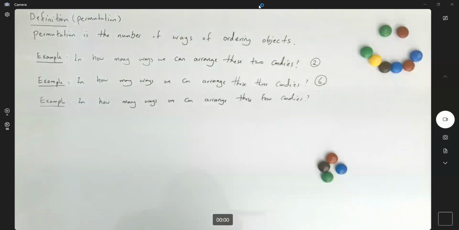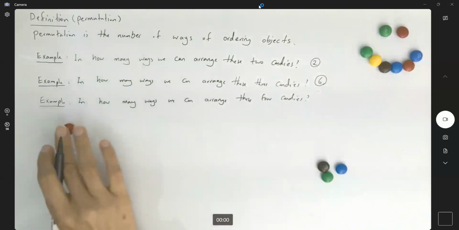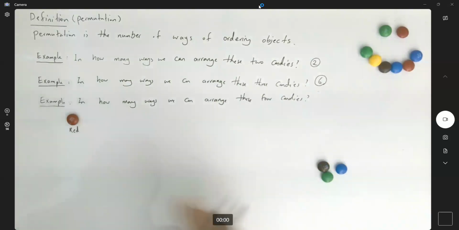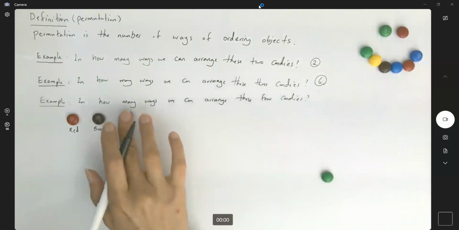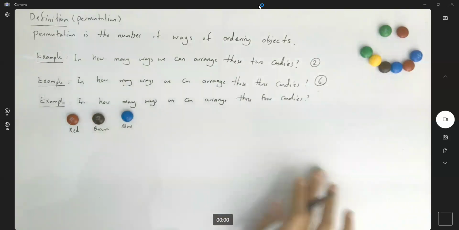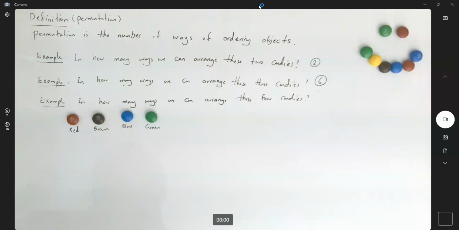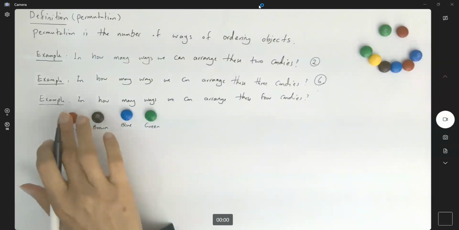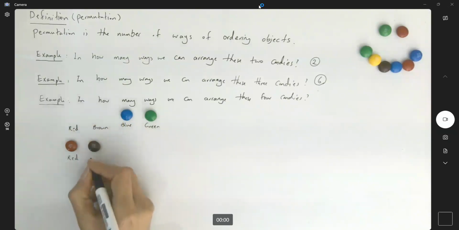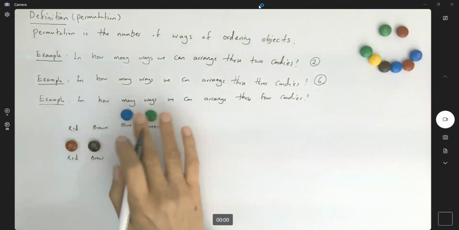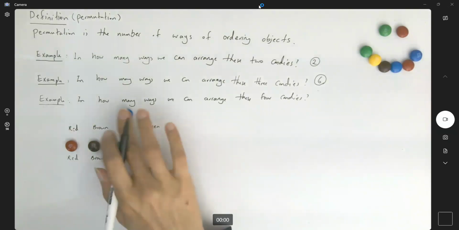Very good. Let's check. Red can come first. So here you have red, then brown, then blue, then green, right? Okay. This is one arrangement. Then you can have red first, brown, well, green is the next, and then your blue.